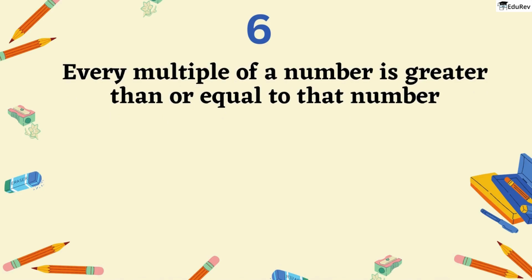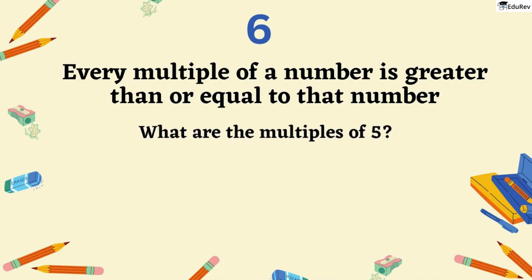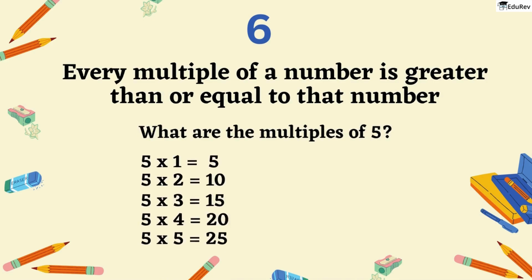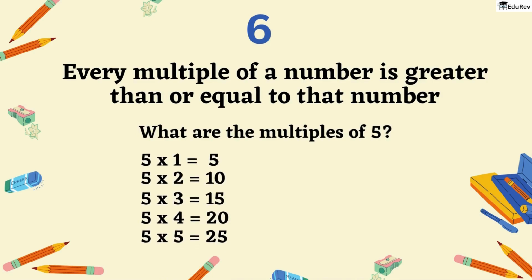Let's talk about multiples once again. Can you tell me the multiples of 5? The multiples of 5 will be 5 into 1 equals 5, 5 into 2 equals 10, 5 into 3 equals 15, 5 into 4 equals 20, 5 into 5 equals 25, and so on.